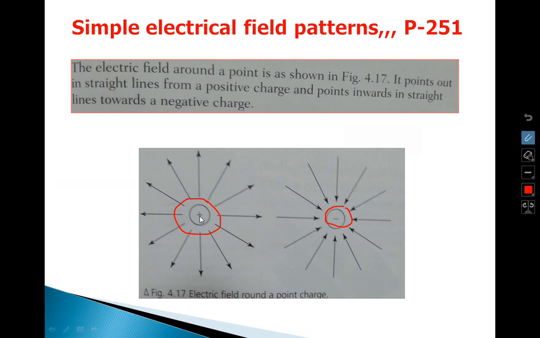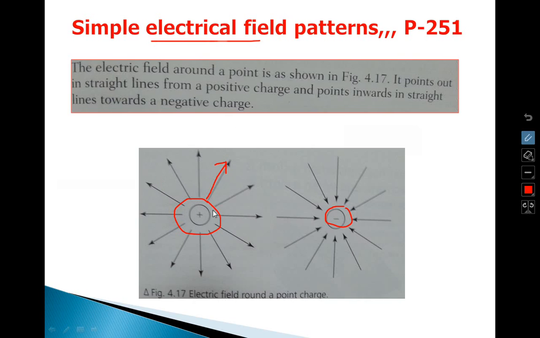The electrical field points out in straight lines from a positive charge.